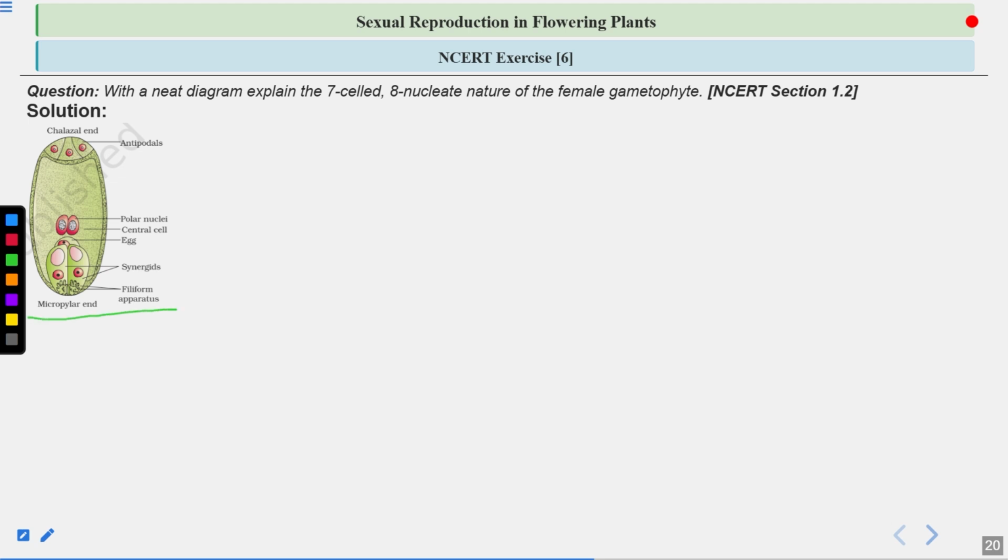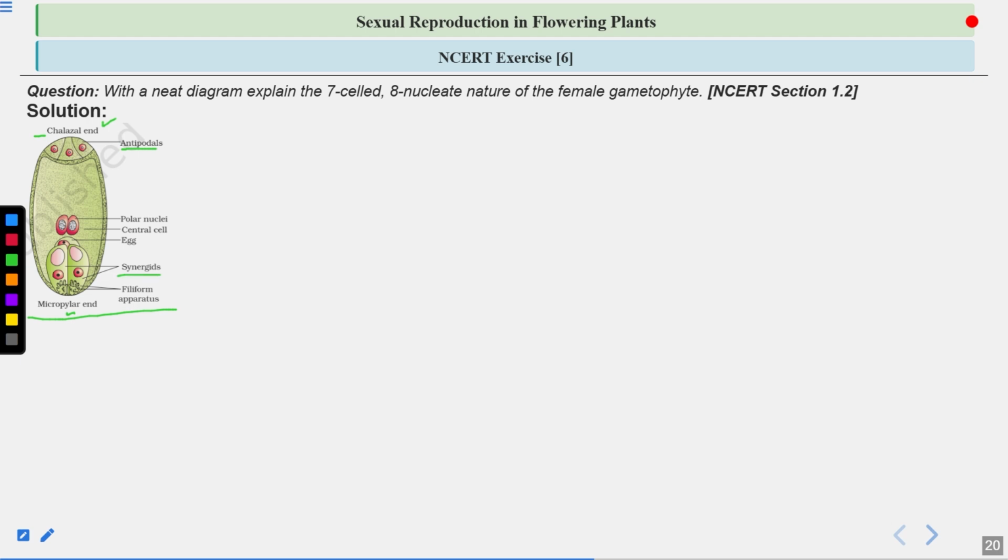This is the picture representation from the NCERT book, but when you draw it like this, you will write that there is the chalazal end and there is a micropylar end, right? It is very, very important to mark the two ends of the embryo sac, the chalazal end and the micropylar end. At the chalazal end, you will draw the 3 antipodal cells, and 3 cells at the micropylar end.